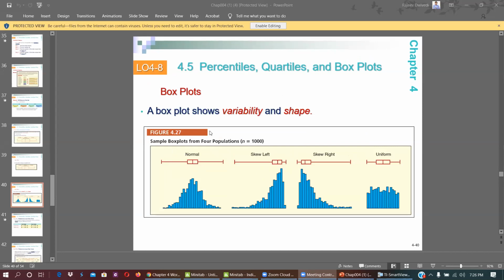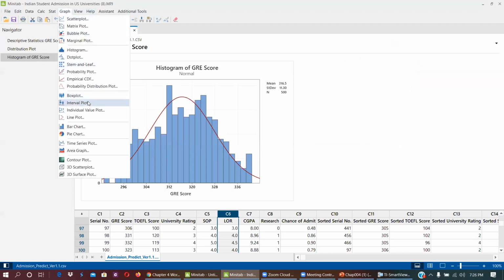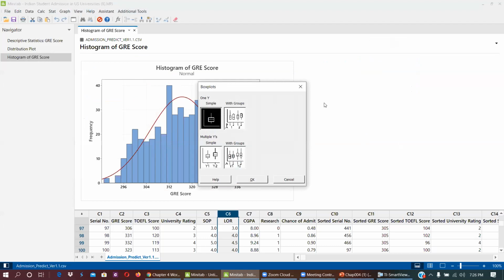Based on this we can check whether it is skewed right, skewed left, or uniform or normal. So look into that, my dear friends. I'm just going to use Minitab again. I hope you can see Minitab. Under Graph, we have box plot right here.